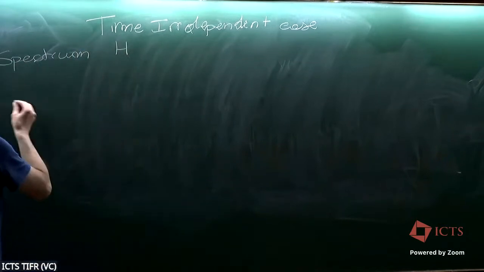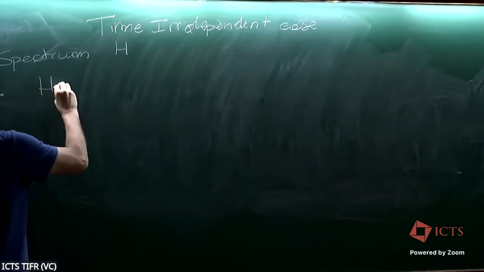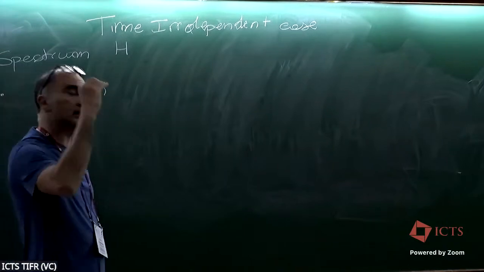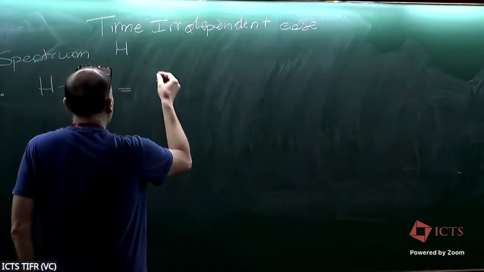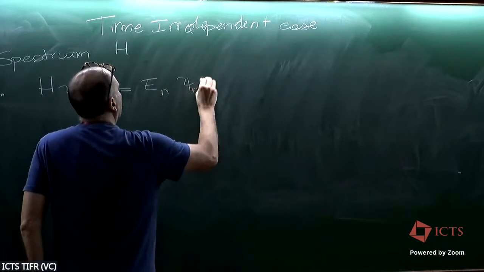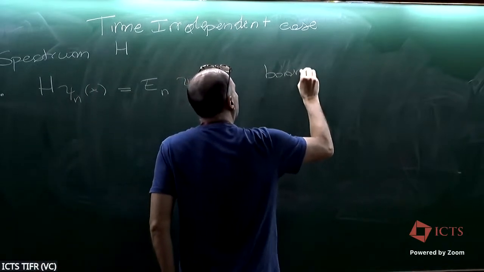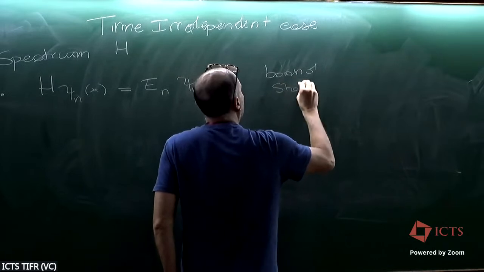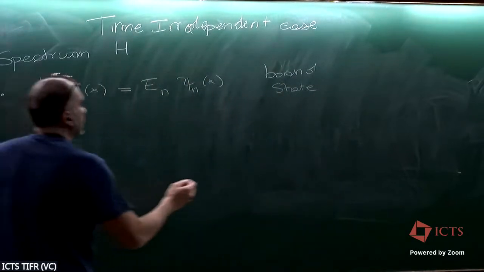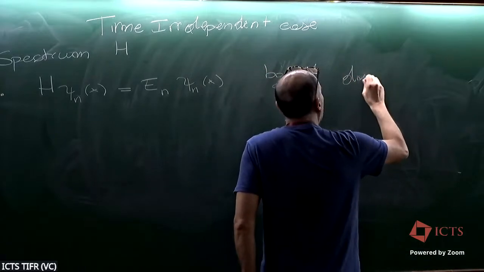So usually you can have two kinds of eigenstate solution. You can either have what is called the bound state, which has discrete negative energies, okay? If you have an attractive potential, you can have some bound states. So this is discrete, and n is an integer.